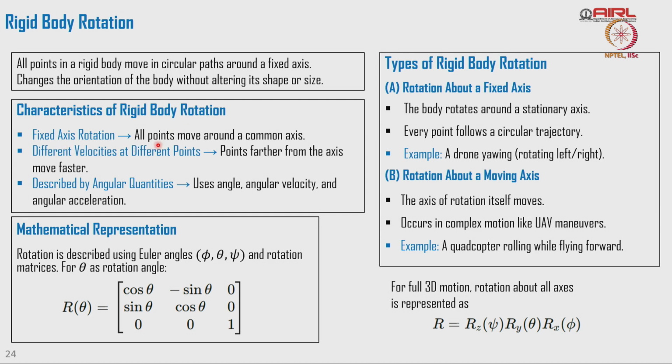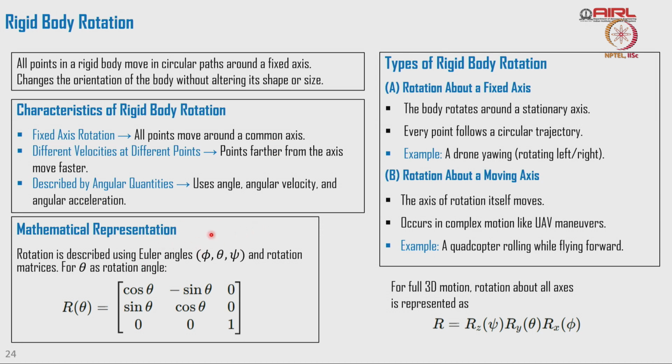A fixed axis of rotation, all points move around the common axis, with different velocity at different points. Points further from the axis move faster, whereas points closer to the axis will move slower. It is described by angular quantities: angle, angular velocity and angular acceleration come into the picture to represent the rigid body rotation.